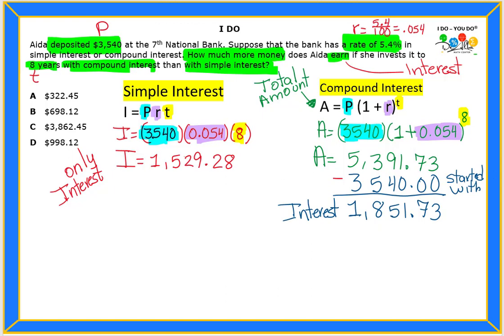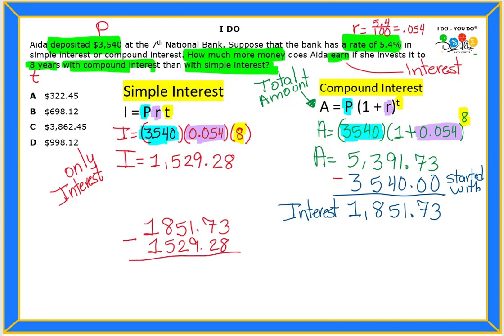So now I can compare, because I can compare interest on the simple and interest on the compound, right? So I can see that the compound gives you more interest than the simple, right? So we're going to have to subtract both numbers, which is $1,851.73, minus the ones on the simple, which is $1,529.28.